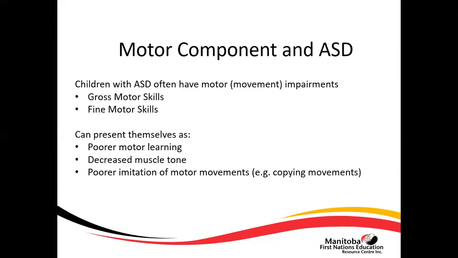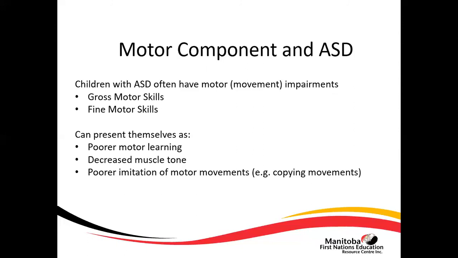Like I mentioned, these impairments are not necessary for a diagnosis, meaning not all children with autism will show challenges with these skills, but it is possible and it's also very common. And we'll talk a little bit about why that might be.